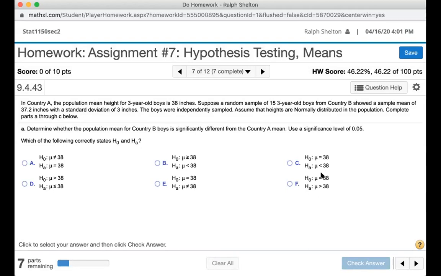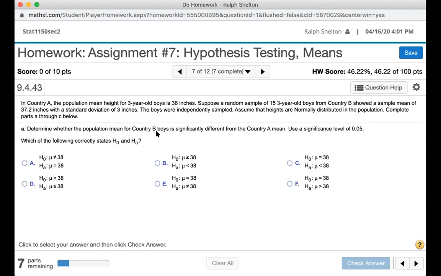The alternative is, okay, it says determine whether the population is significantly different from A using this level. That's all it says. So what we're testing then is if country B is not equal to this.